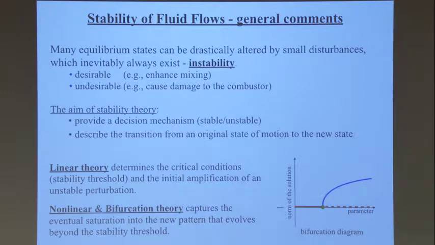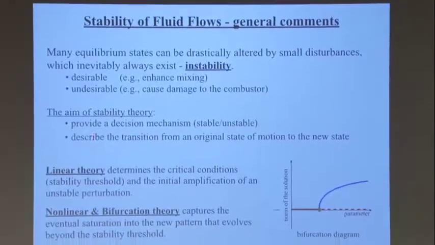That's an important classification, because it tells you if the equilibrium will or will not be observed, because an unstable situation is typically not observed experimentally, unless you take extremely good precautions to eliminate all disturbances, which is very difficult, sometimes not possible. And the second thing is we want to understand the transition from one state, one equilibrium, to another.